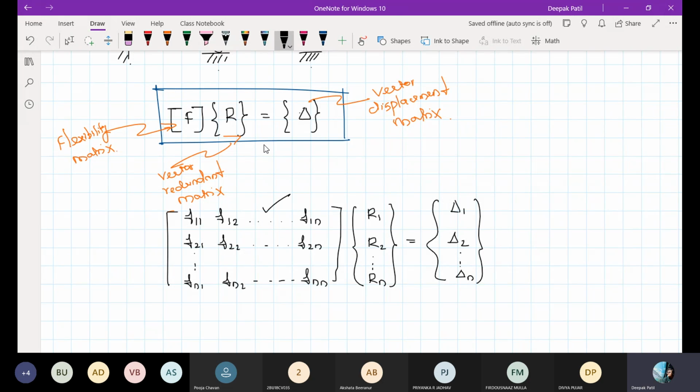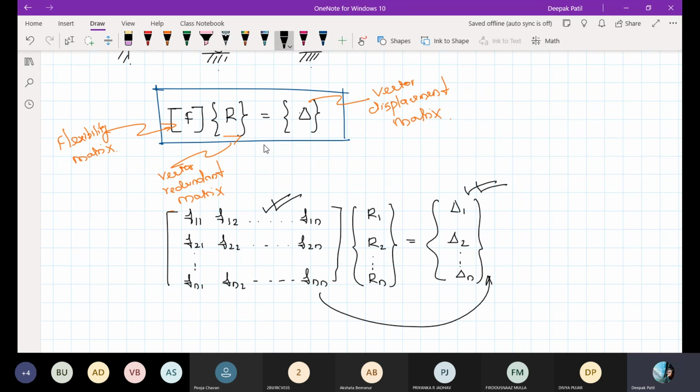Usually we are able to find the flexibility matrix, so this matrix will be known to us, and this matrix will also be known to us. The only unknown matrix is this one, which we can easily find. If I take this matrix to this side, I have to take an inverse and I can find this matrix, or you can do cross multiplication, form simultaneous equations and find the unknowns.